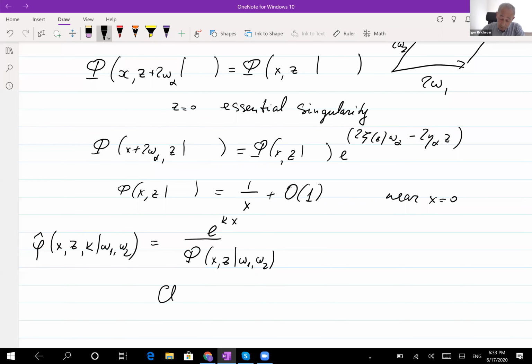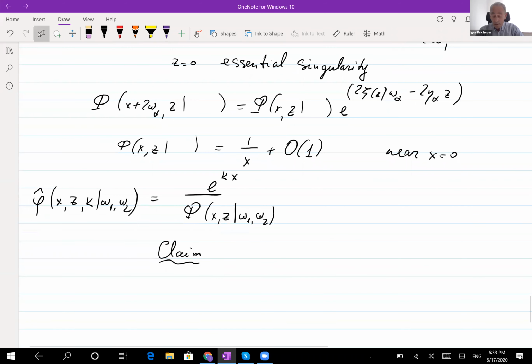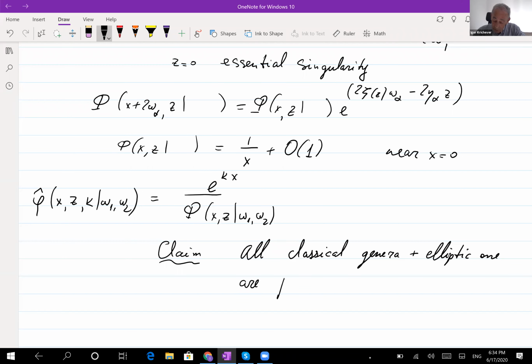We claim, I'm not going to check it in full generality, that all classical genera, including elliptic, are particular cases of this generalized elliptic genus.